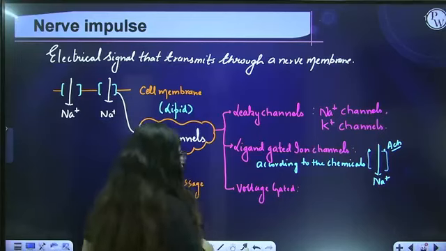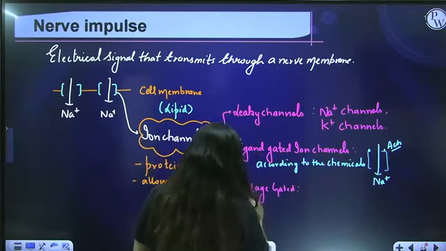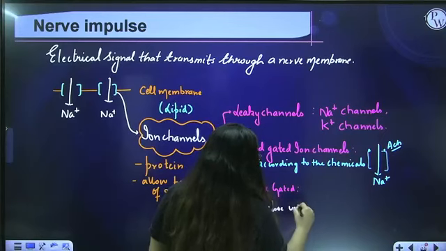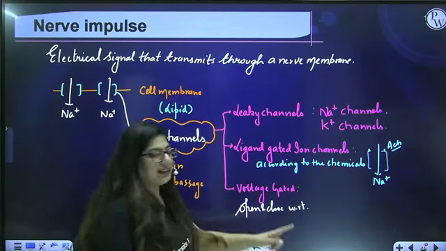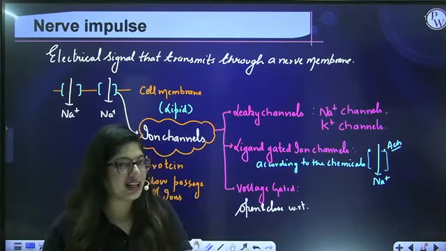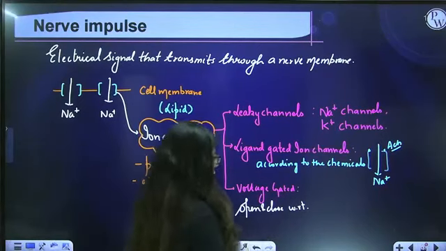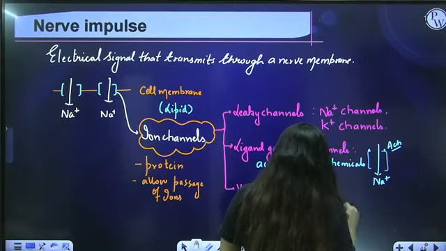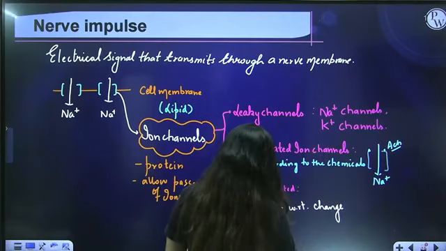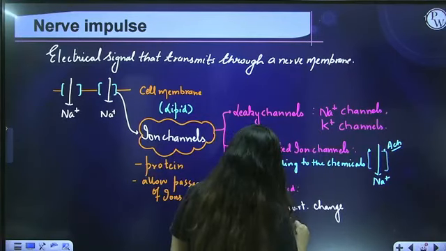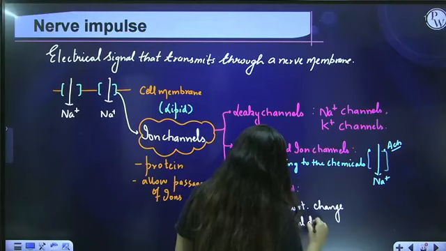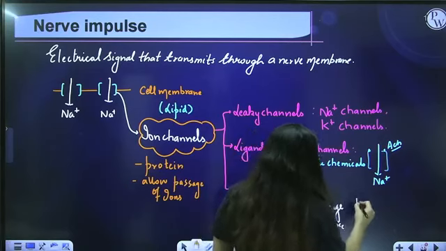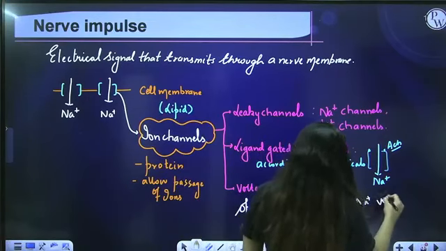So they open and close with respect to, WRT, that is, with respect to the change in potential difference. Fine. So like we have a sodium ion voltage gated channel.